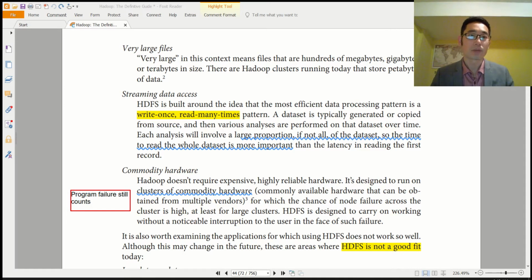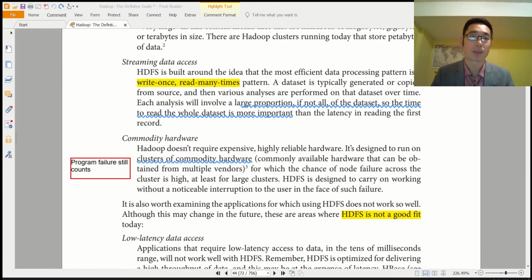So HDFS was designed for streaming data access. If the user uses the data in a way that it is saved once and going to be read out many times, that's called streaming data.